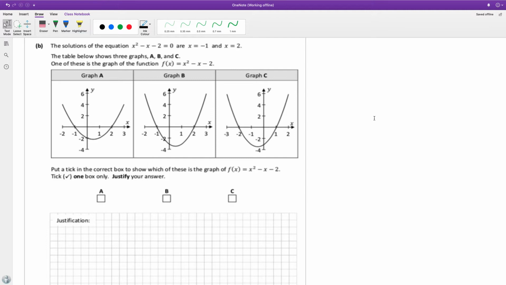A. Alright. The roots tell me where it cuts the x-axis, and the last number tells me where it cuts the y-axis. Exactly.